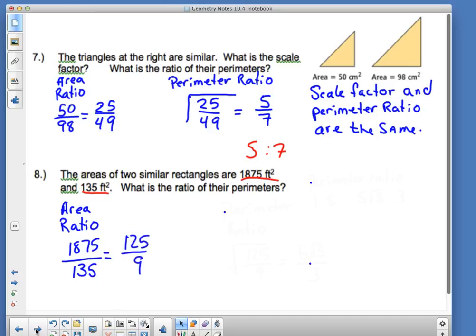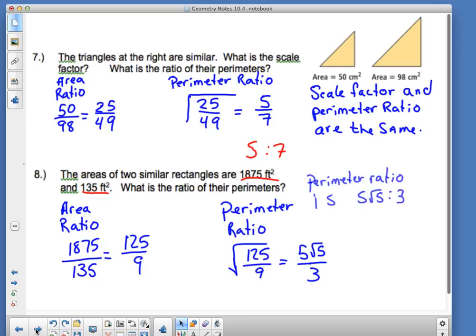That's 125 over 9. No, 125 is a perfect cube. 5 times 5 times 5. Because of that, reducing this next one by taking the square root becomes easier. It's 5 to the square root of 5 over 3. Okay? So keep in mind what I've just found, the ratio of the perimeters in reduced form. Okay?